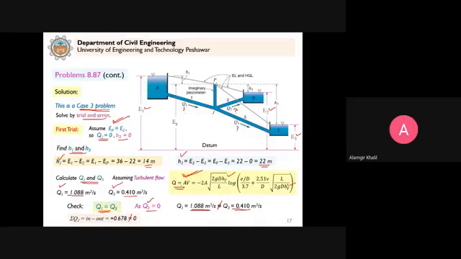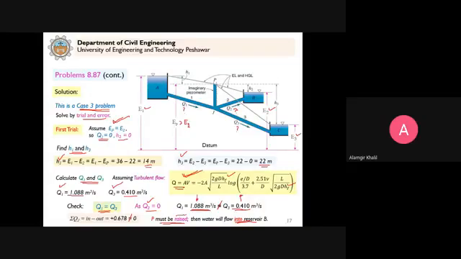Now what we have to do is that you can see Q1 we need to reduce and Q3 we need to increase. So for this, P must be raised. We have to increase the value of P. Then water will flow into reservoir B. Because now we want to raise P, if we make EP greater than E2, we find out after the first trial that we need to increase the value of EP.